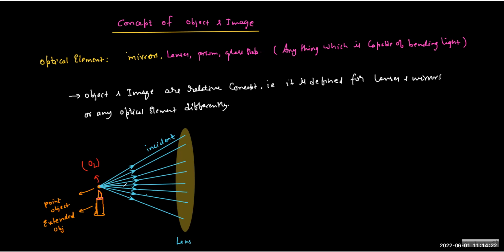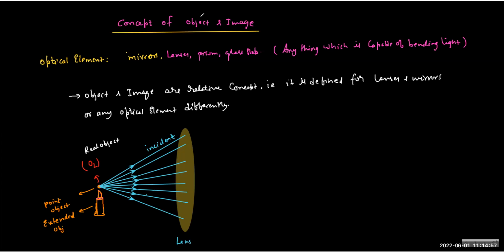So you're tracing back the incident ray, and if you're able to get the point of intersection, then you can say that the light ray is coming from here. Such an object which can actually be obtained by retracing the incident rays is called a real object. So real means the light ray is really, actually intersecting.